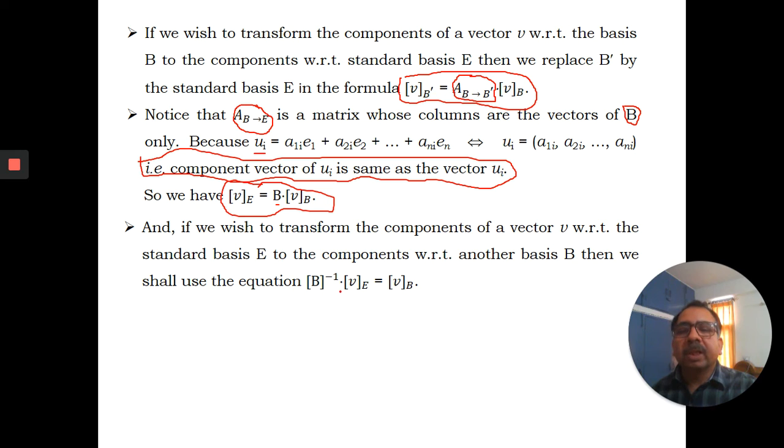So we get B inverse VE is VB. So these are components with respect to E and we convert them to the components with respect to basis B.